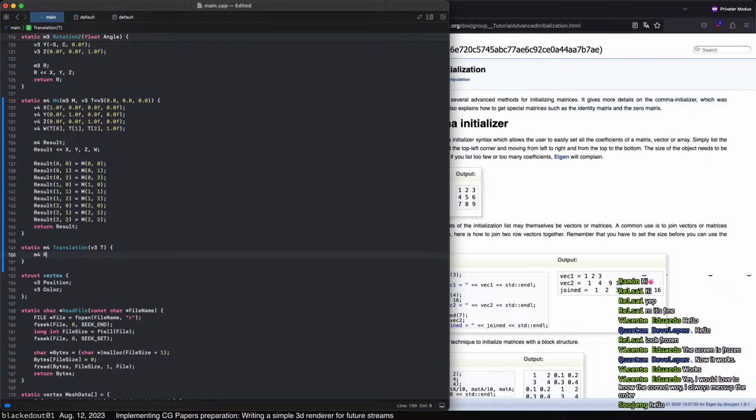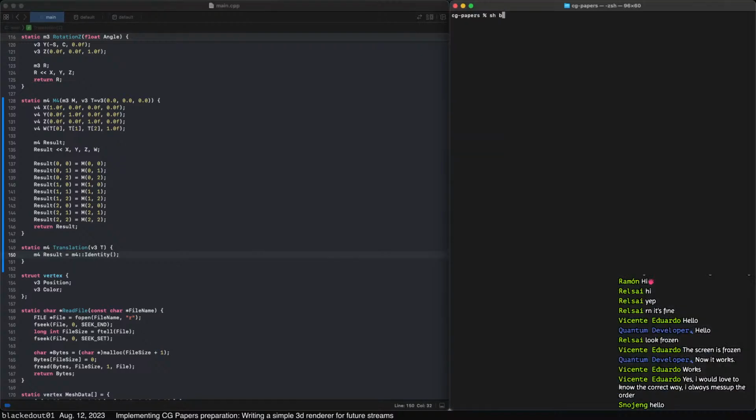So I want to create this matrix here, and maybe if I just do this and then identity, this works. Okay, this seems to work.